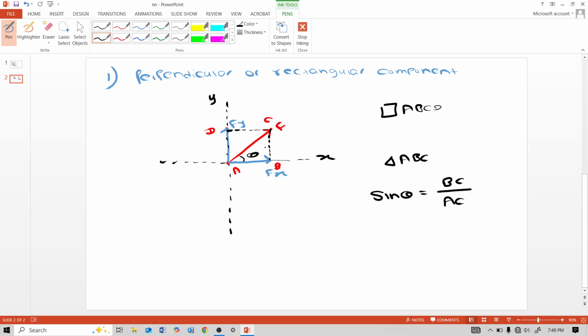And you see this is a rectangle, so BC is equal to DA. So sin theta is equal to DA upon AC.